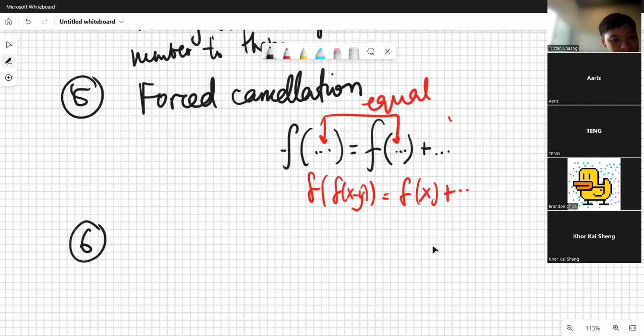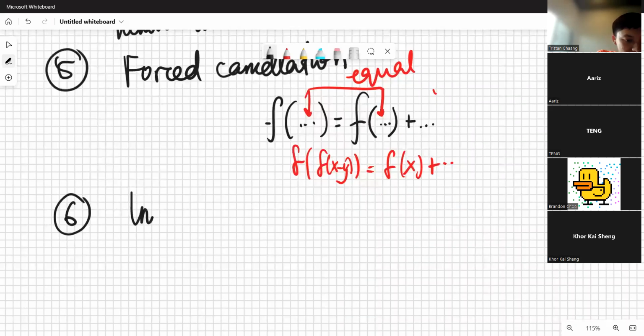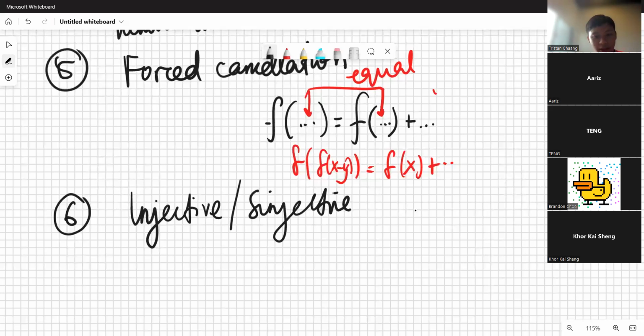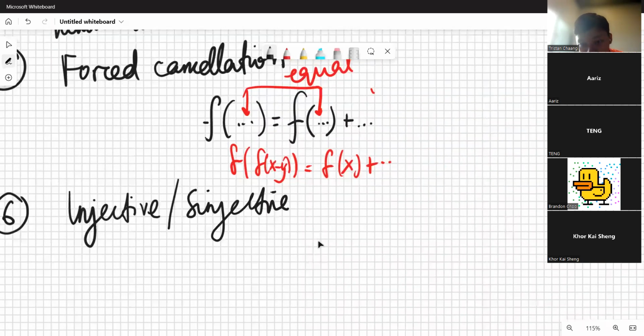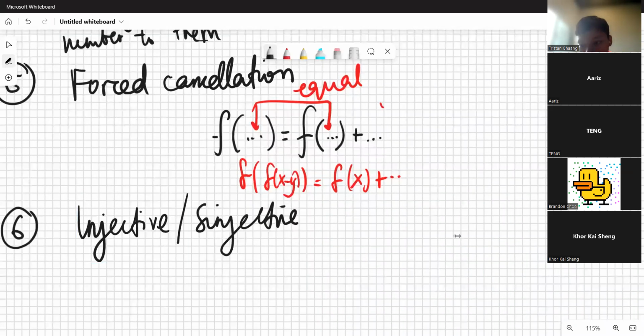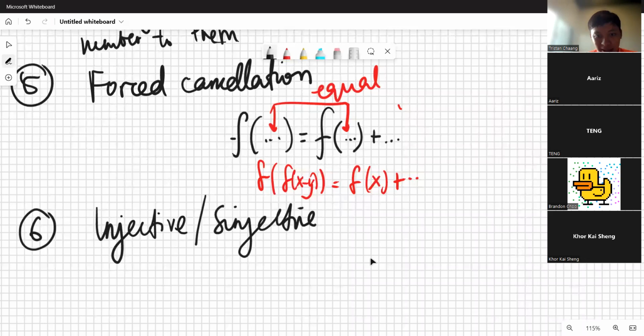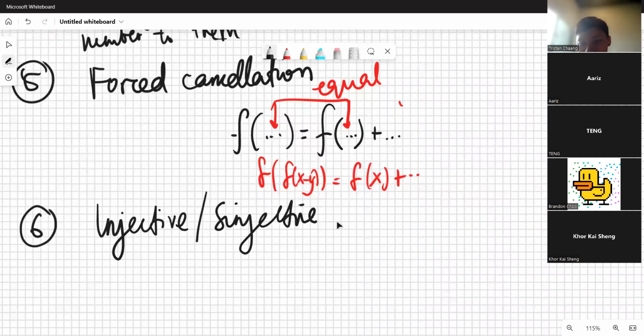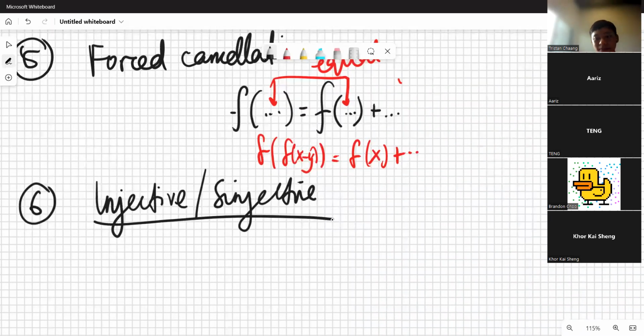Okay, so the sixth one, injectivity and surjectivity. So in injective and surjective, does anyone not know what an injection or surjection is?